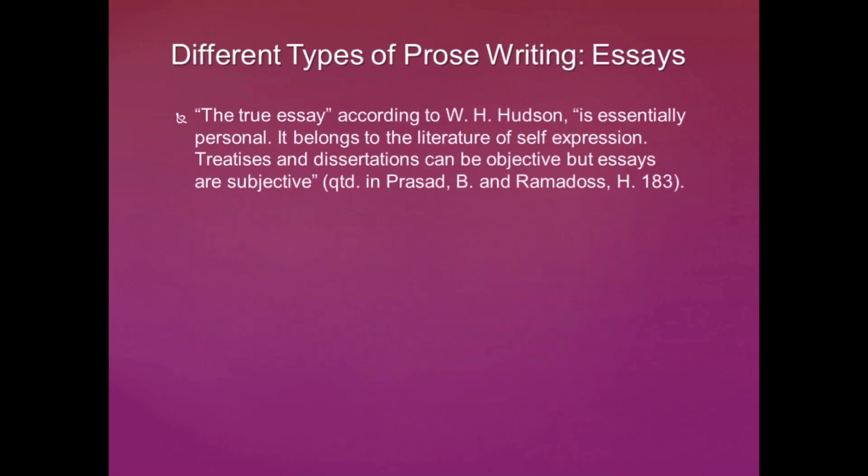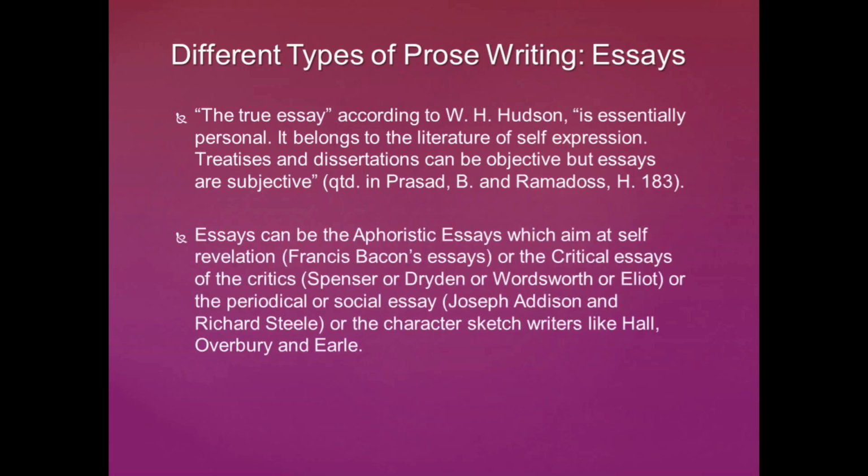There are different types of prose writings, essays being one of them. A true essay, according to W.H. Hudson, is essentially personal. It belongs to the literature of self expression. Treatises and dissertations can be objective, but essays are always subjective.